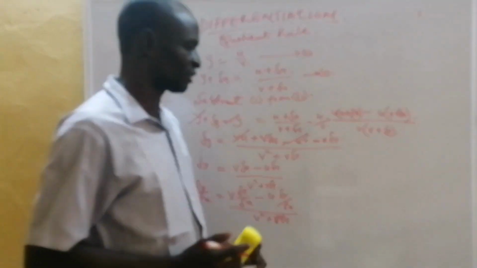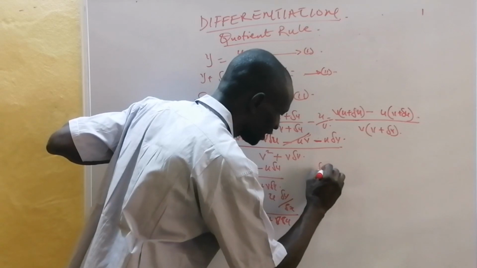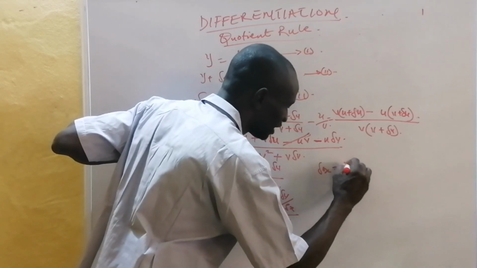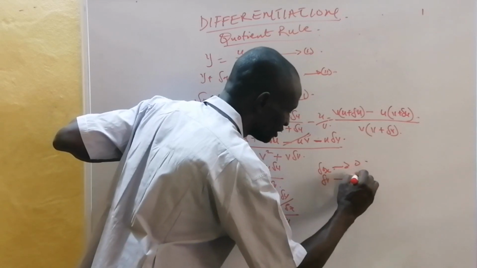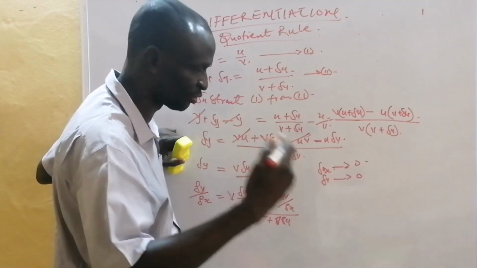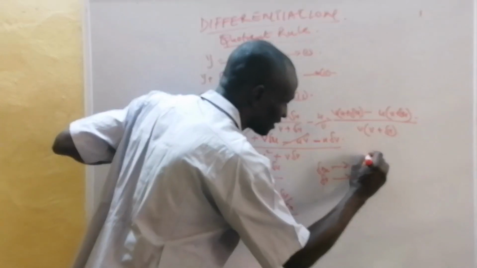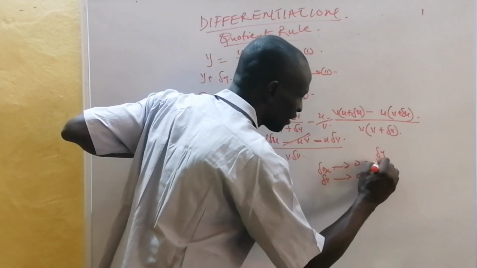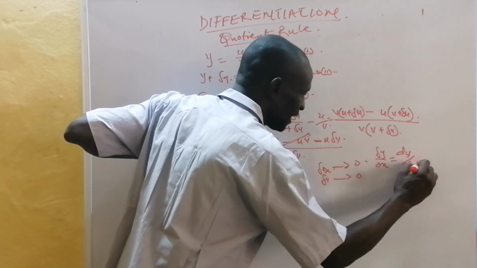Now calculus tells us that as delta x, which is change in x, begins to tend to 0, change in v tends to 0, likewise change in u tends to 0. But a change in y over a change in x becomes dy/dx.